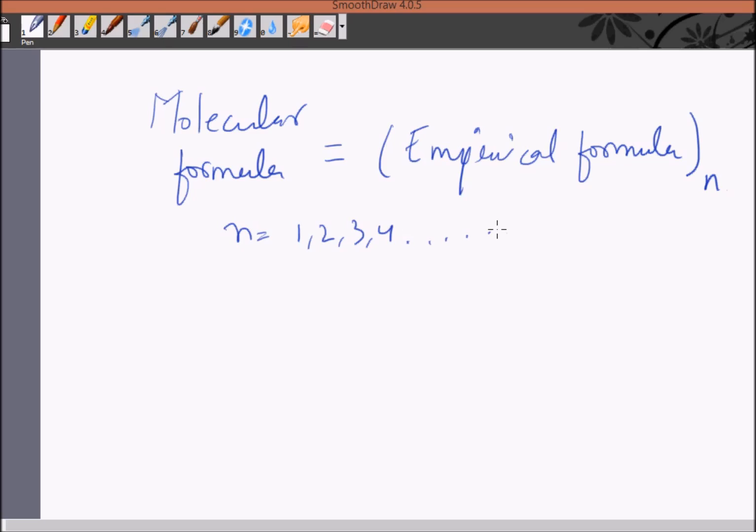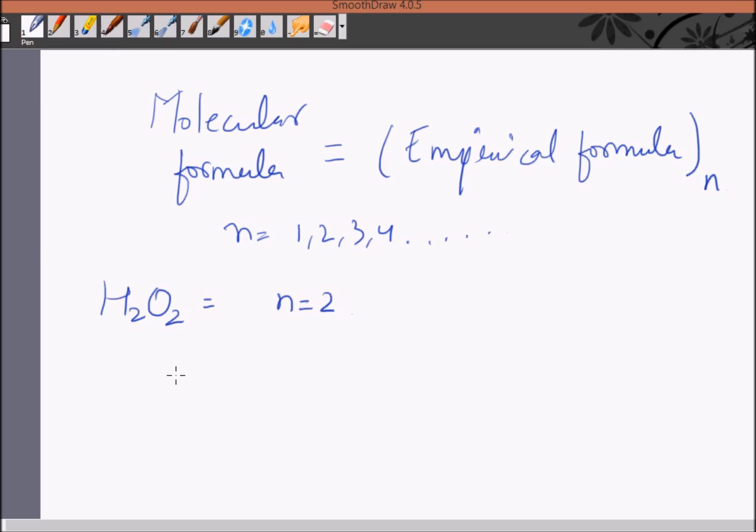So for example, the empirical formula of hydrogen peroxide is HO and its molecular formula is H2O2. So in this case, the simple whole number will be n, that is, n is equal to 2.